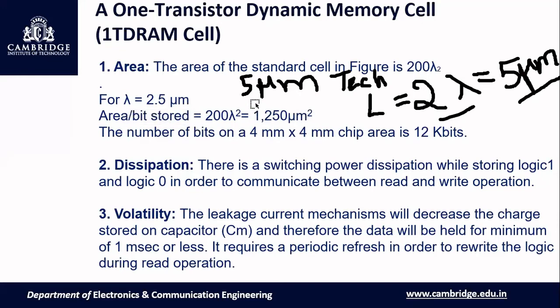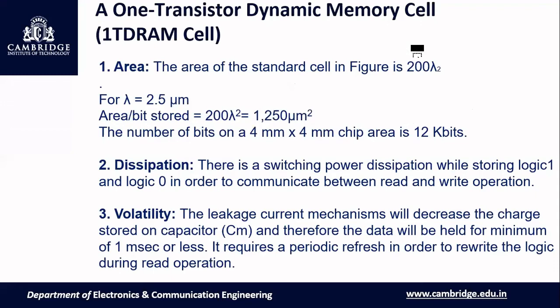Got it? So if I can store one bit in this area, then how many bits can you store in a 4 mm by 4 mm chip? That you know, right? So for 1250 micrometer square, I can store one bit of information.